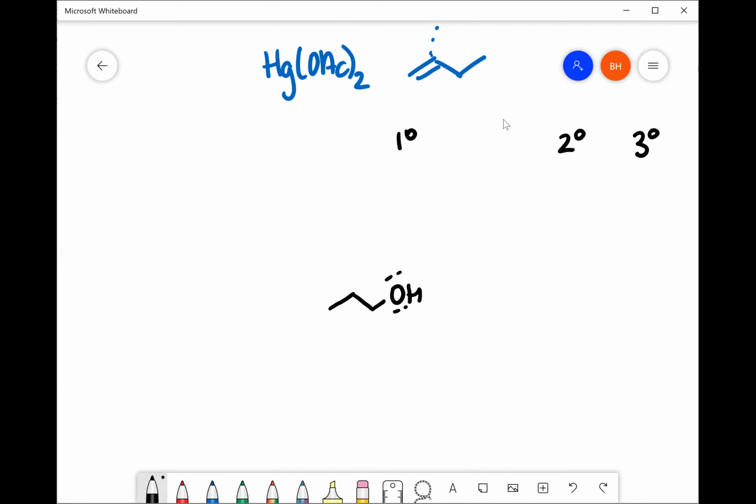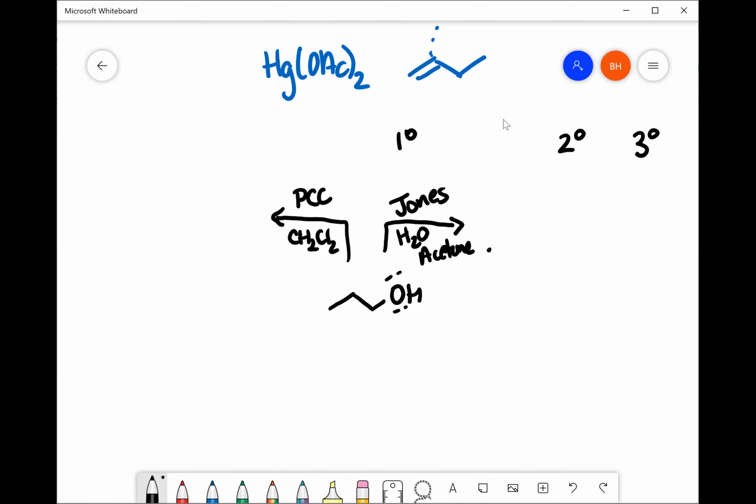Let's see. We started off the section with oxidizing agents, right? One type was PCC in dichloromethane, and the other type was basically Jones. Jones has got the water in it, water and acetone. For primary alcohols, this oxidation provides different products.